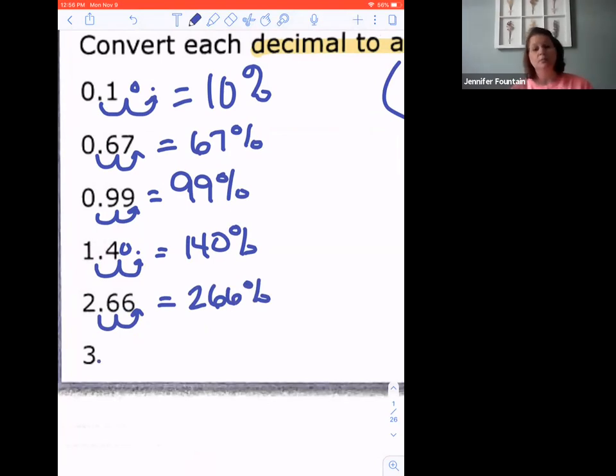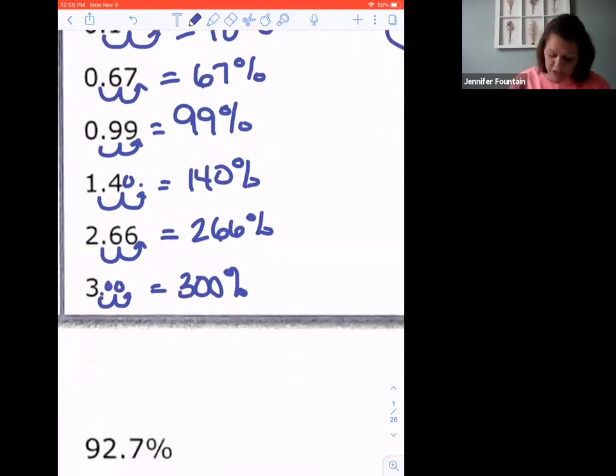My understood decimal is after my 3, so I need to move it 2 places to the right. I would backfill with 0, so that will be 300%. Like I said, in none of these did I write my decimal. I didn't have to. Now I could have put a decimal after the 10, a decimal after the 67, but I don't have to.